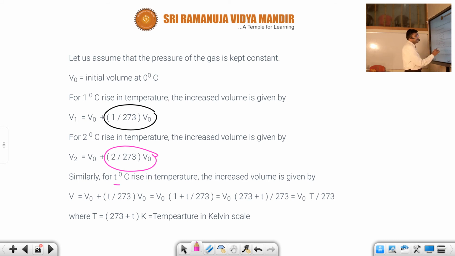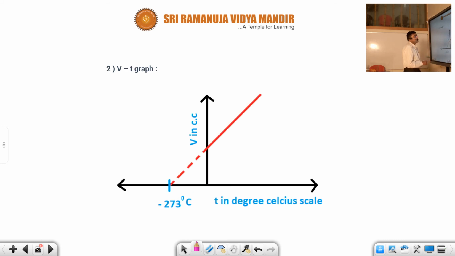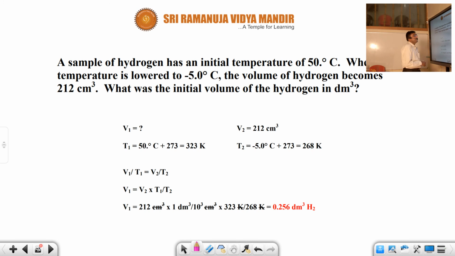So for every T degrees rise in temperature, the volume increase is given by T by 273 naturally. So this is how you can arrive at the conclusion. Now, I already conveyed the VT graph, because here this is absolute 0 Kelvin, volume becomes 0. Now at minus 273 degrees centigrade, because T is in degrees centigrade, volume becomes 0. That is called the VT graph.